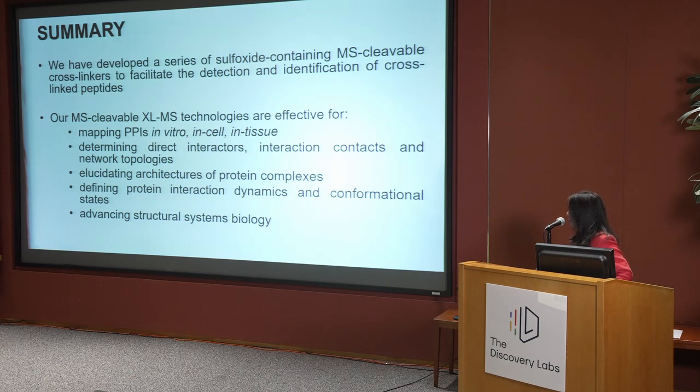This method also allows us to determine the direct interactors, interaction contacts, and network topologies, and to elucidate the architecture of protein complexes. Through quantitative analysis, we can define protein interaction dynamics as well as determine conformational states under different conditions. We hope that this strategy will push structural systems biology forward.